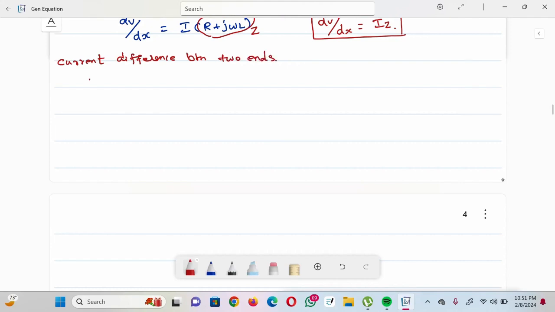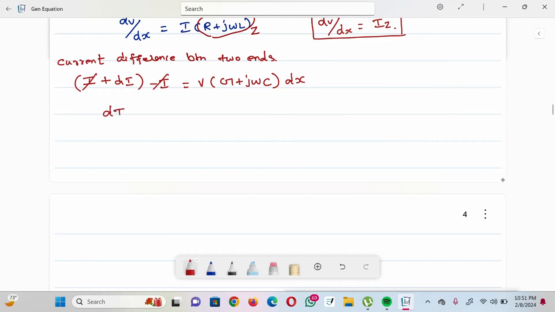So like I plus dI minus I is equal to V into (G plus j omega C) multiplied with the length dx. So the same thing, I and I are going to cancel.